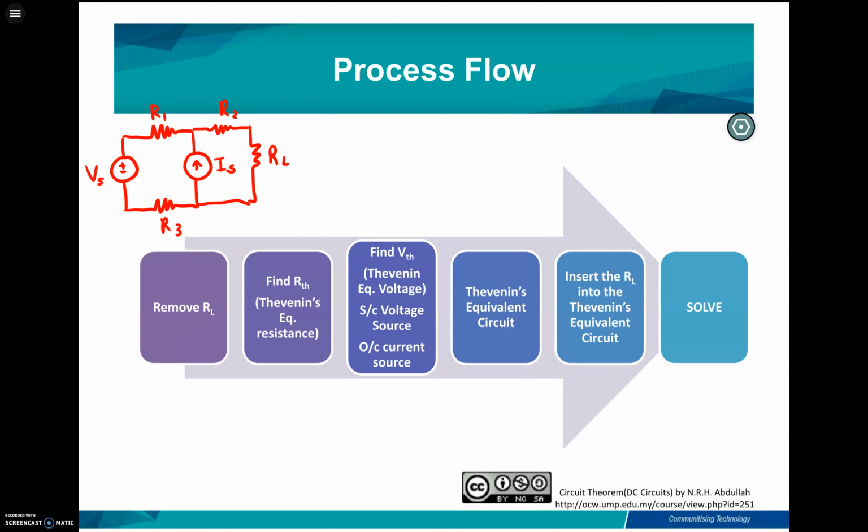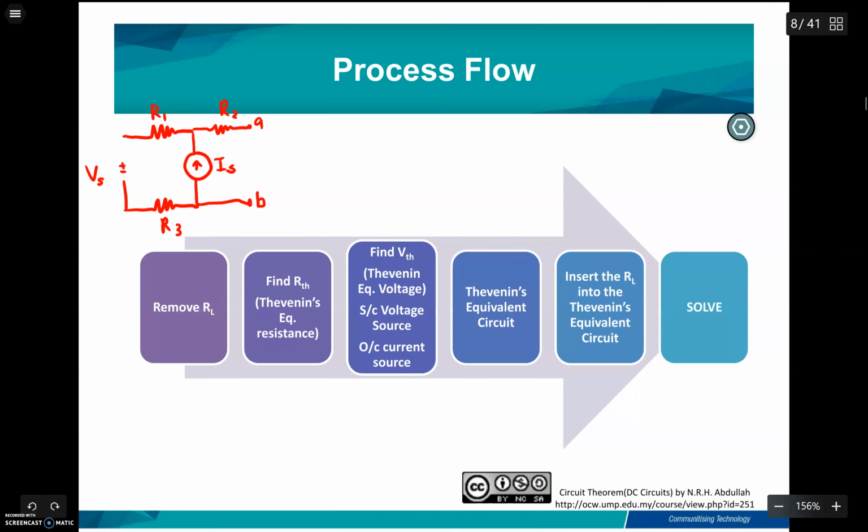As an example, this is an example of a circuit. For the first step, you have to remove the RL. After you remove the RL, mark the terminals with A and B. And then you need to find the R Thevenin by short circuiting the voltage source and open circuiting the current source.